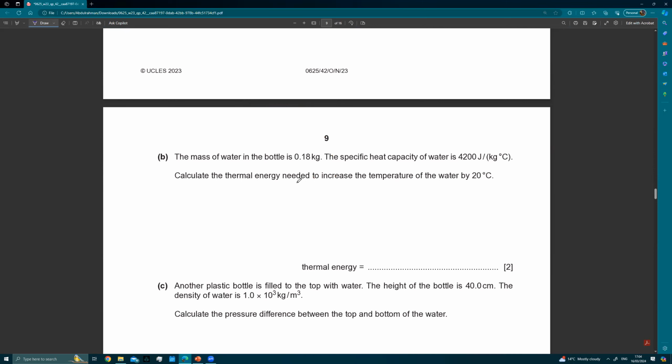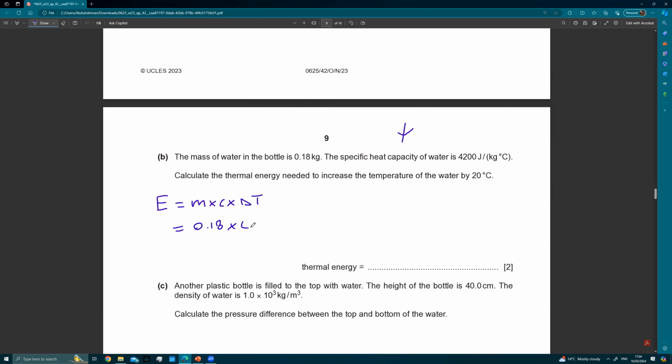Calculate the thermal energy needed to increase the temperature, and it's giving you a specific heat capacity. This is obviously a specific heat capacity question. So we start with the specific heat capacity equation, which is thermal energy is equal to m, the mass of your substance, multiplied by the specific heat capacity of the substance, multiplied by the change in temperature. Let's sub in the values. The mass is 0.18 kilograms.